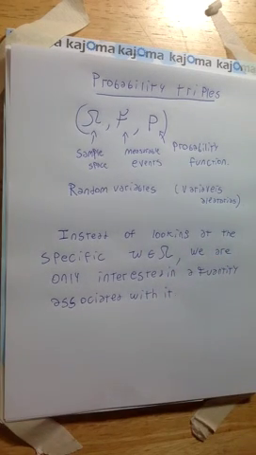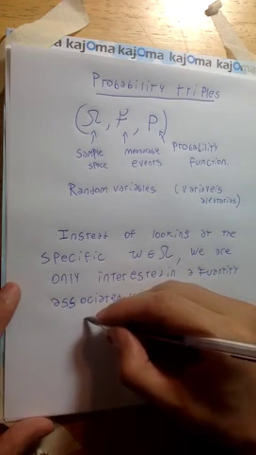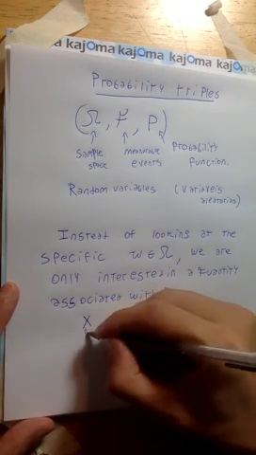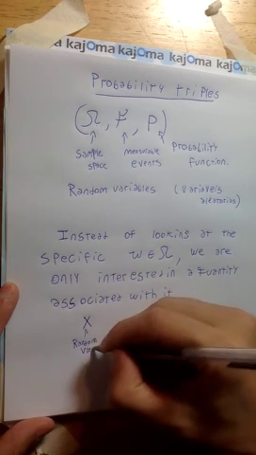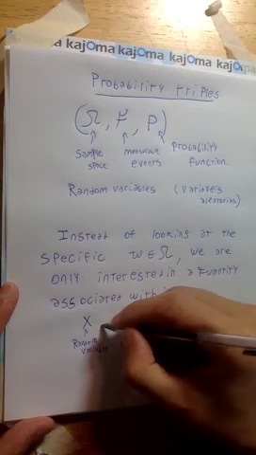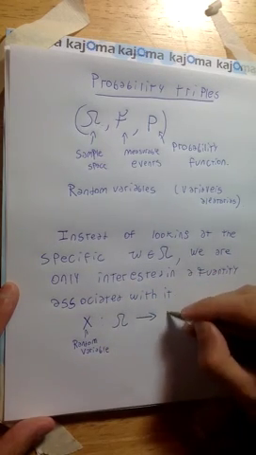Okay, so what's the example? The idea is that we're going to consider X, which is a random variable, as a function that is going to go from our sample space onto R.